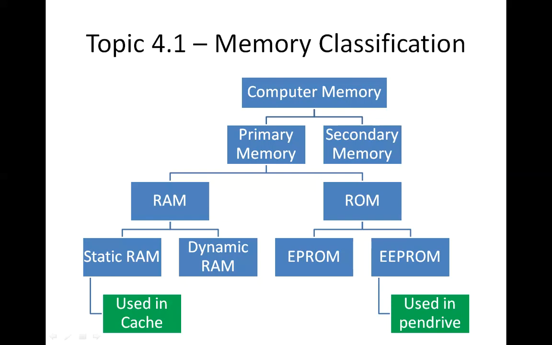So primary memory can be divided into two parts, that is RAM or random access memory and ROM or read-only memory. The RAM is further divided into two parts, that is static RAM or static random access memory and dynamic RAM or dynamic random access memory. Similarly, ROM is divided into two parts, that is EPROM, erasable programmable ROM, and EEPROM, that is electrically erasable programmable ROM.